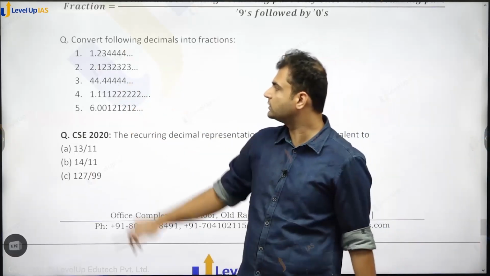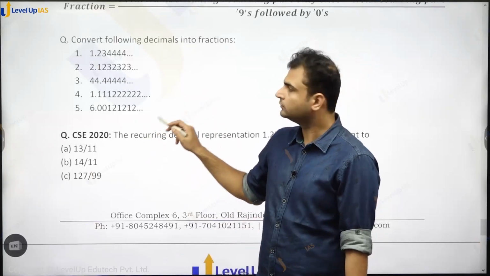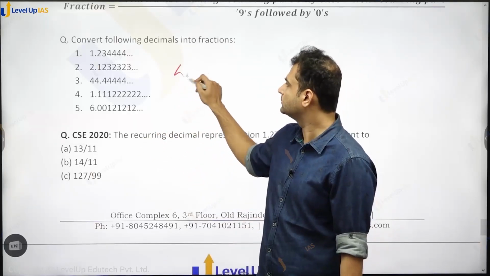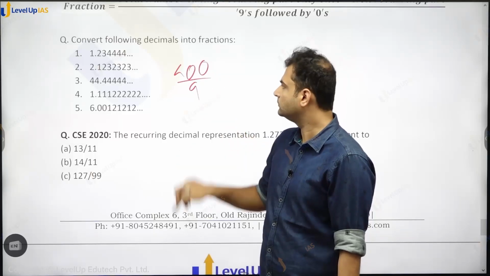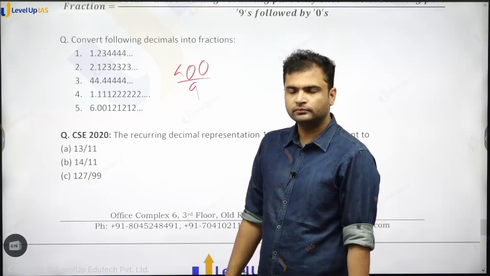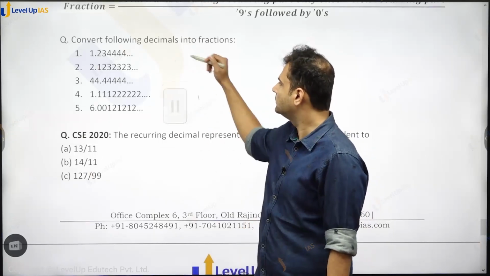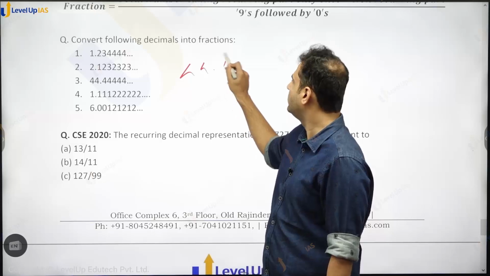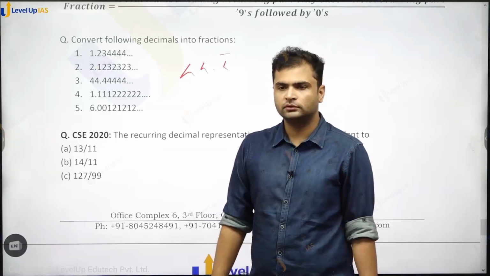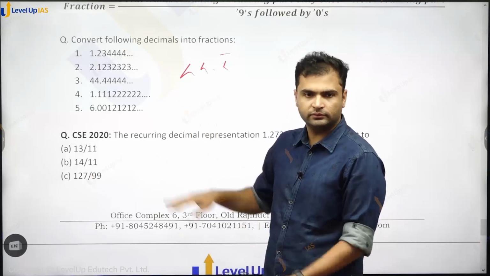Then this ये है, राइट? हाँ, 44.4 बार है ये. 444 minus 44 divided by 9.